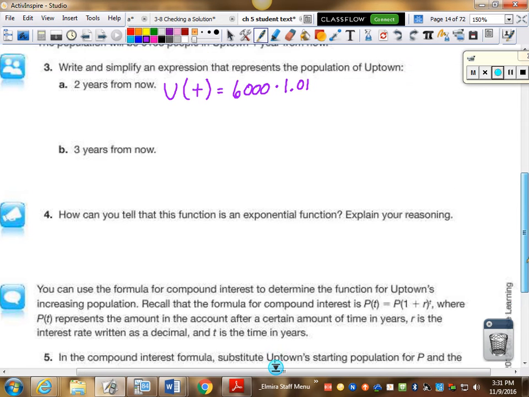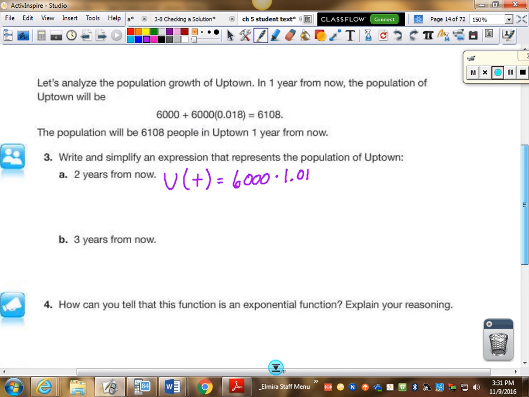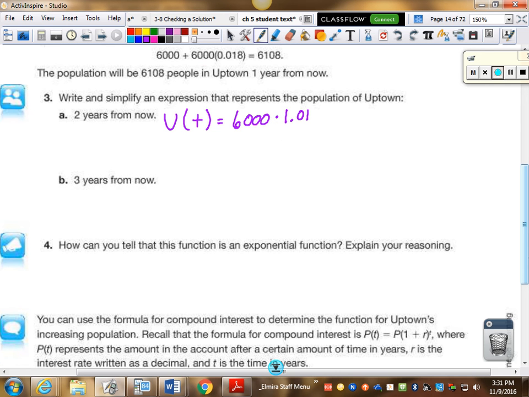I've done this so many times and I still mess them up. 8, to the second power. And we'll come back to that in a minute. U of t for 3 years is 6,000 times 1.018 to the third power.